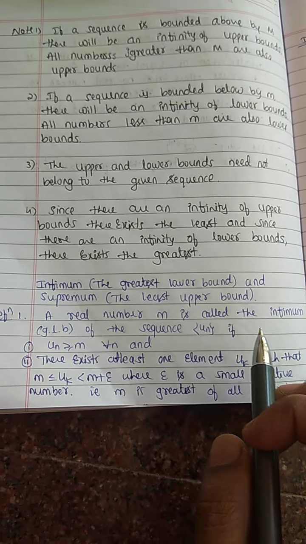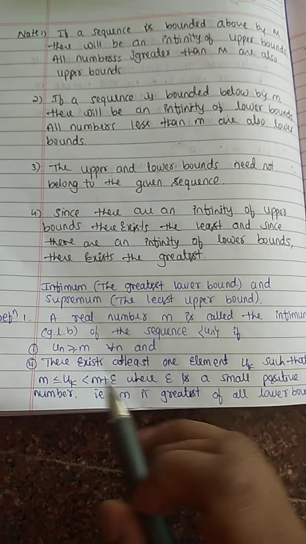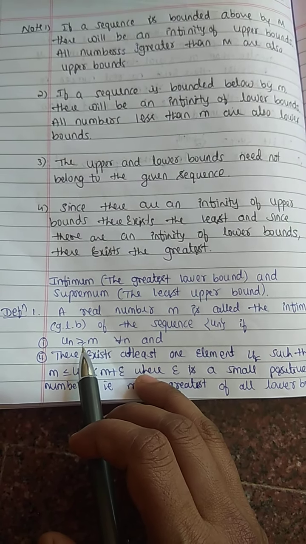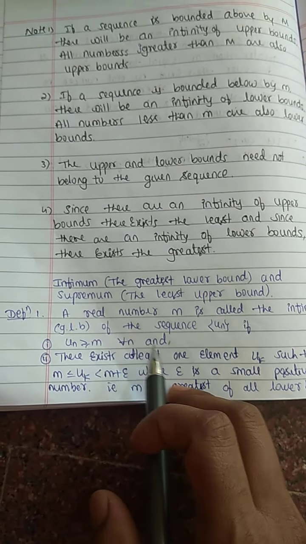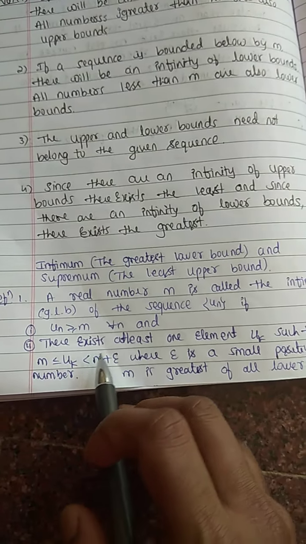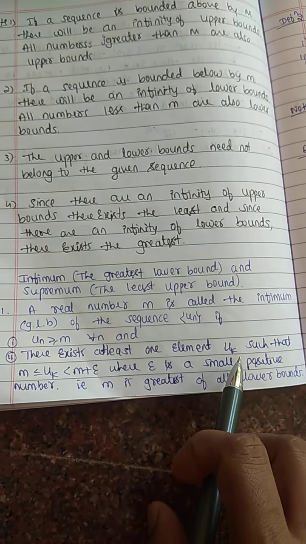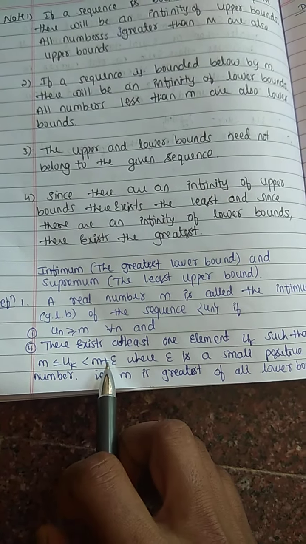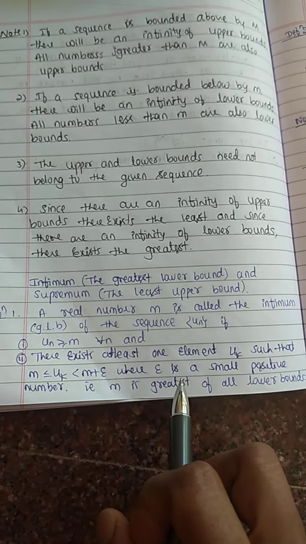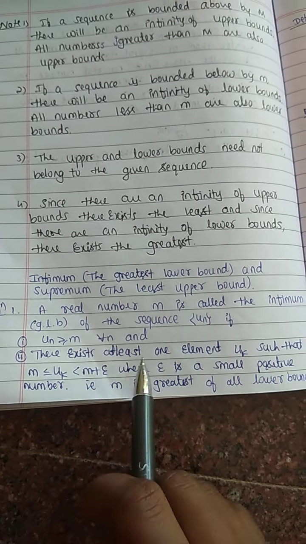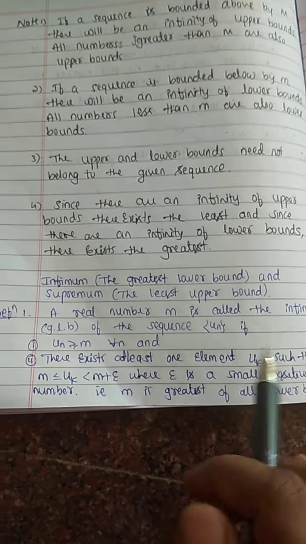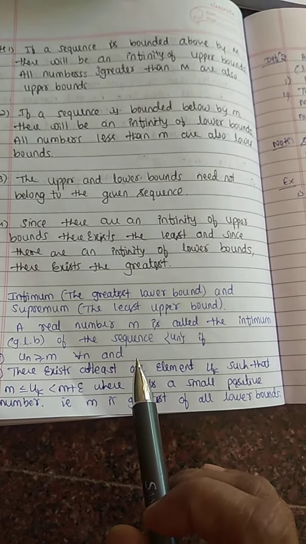First condition, it should be a lower bound, that is un is greater than or equal to m for every n belonging to N. Second condition, there exists one element uk such that uk is greater than or equal to m and less than m plus epsilon, where epsilon is a small positive number. That is, m is the greatest of all the lower bounds. Then m is called the infimum or greatest lower bound.